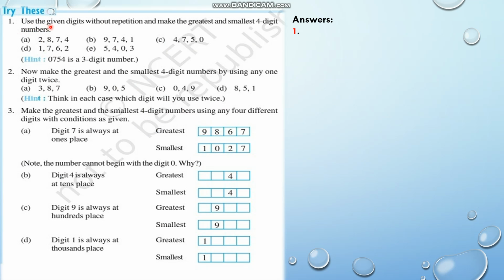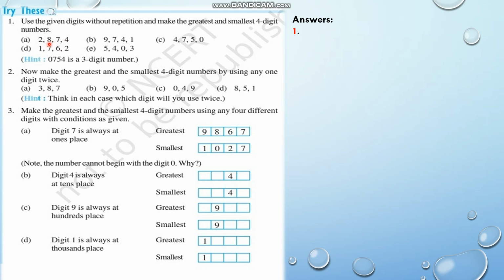Look here. Use the given digits without repetition and make the greatest and smallest 4-digit numbers. This is from our textbook. Try this exercise. So everyone look here. We know how to find the greatest number: by arranging the digits in descending order.